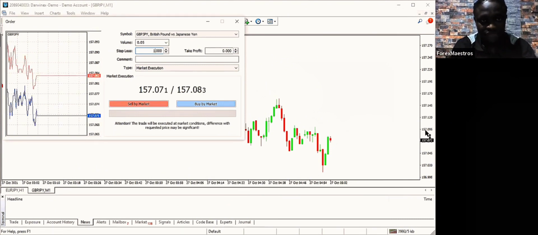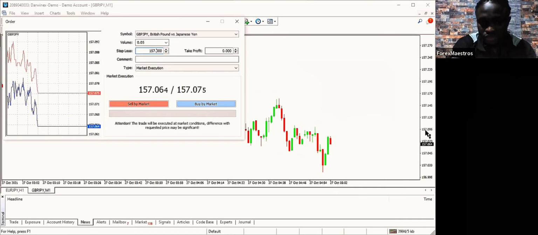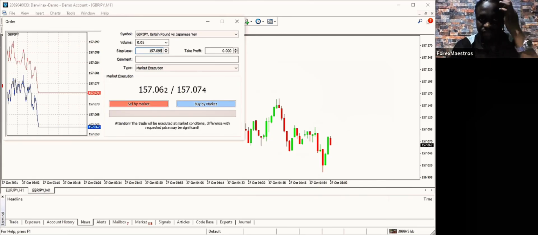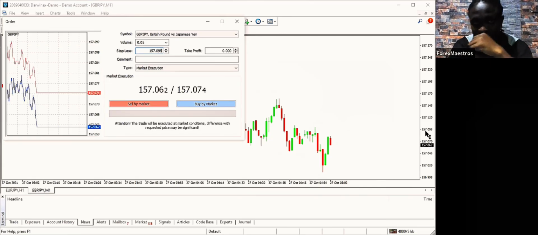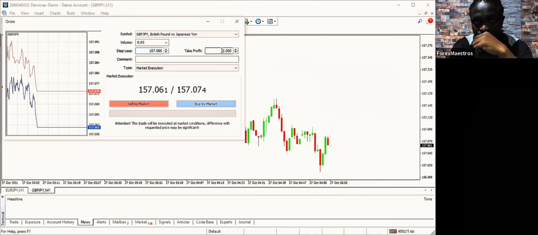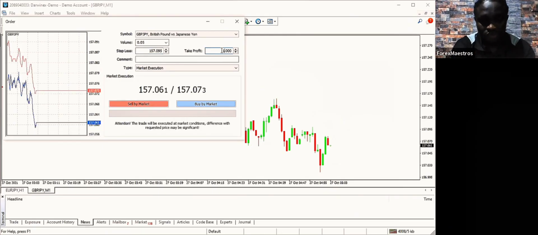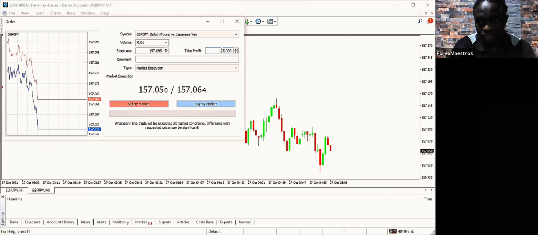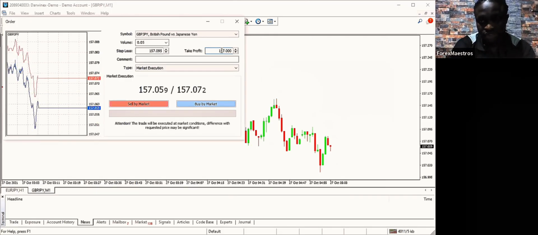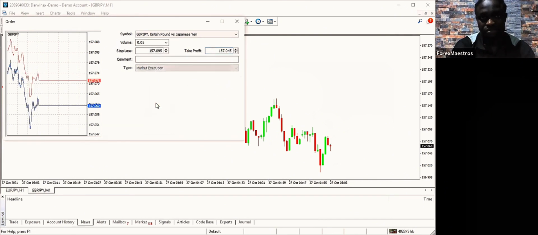That's where I want my stop loss to be. Then I want to take profit. If price gets to 157.05, price is almost there, I say I want to sell it, and now click sell.